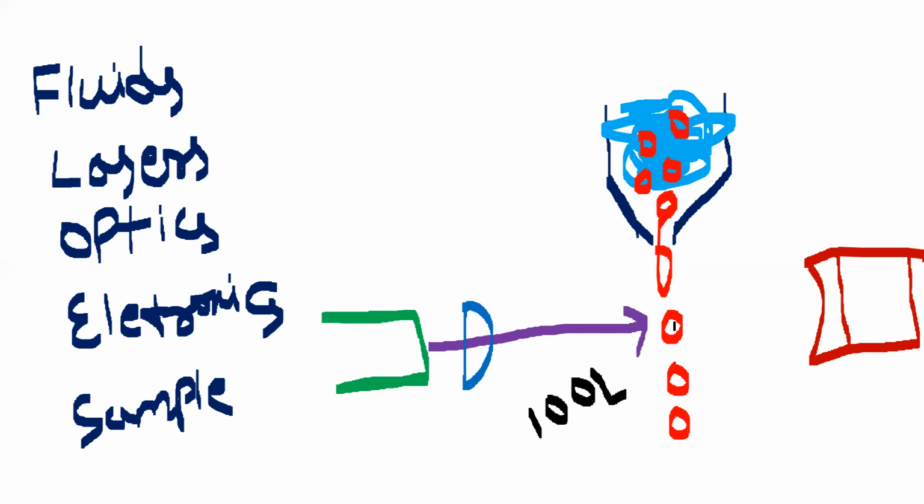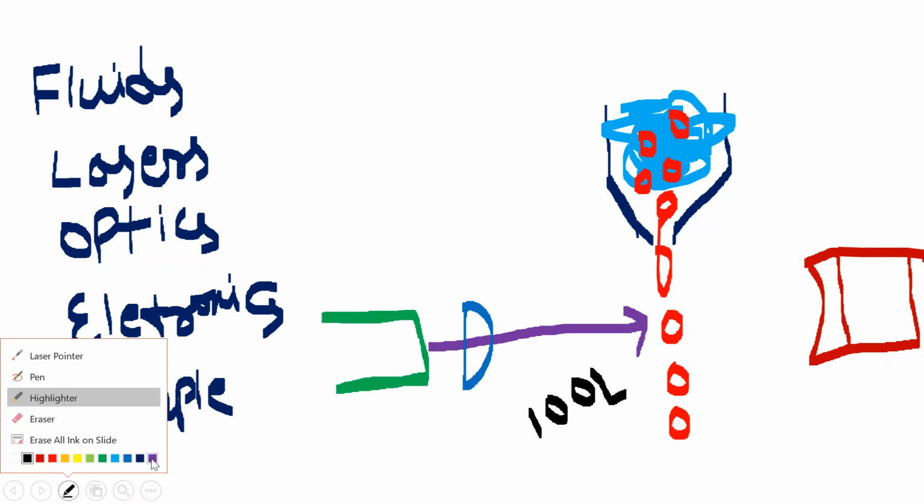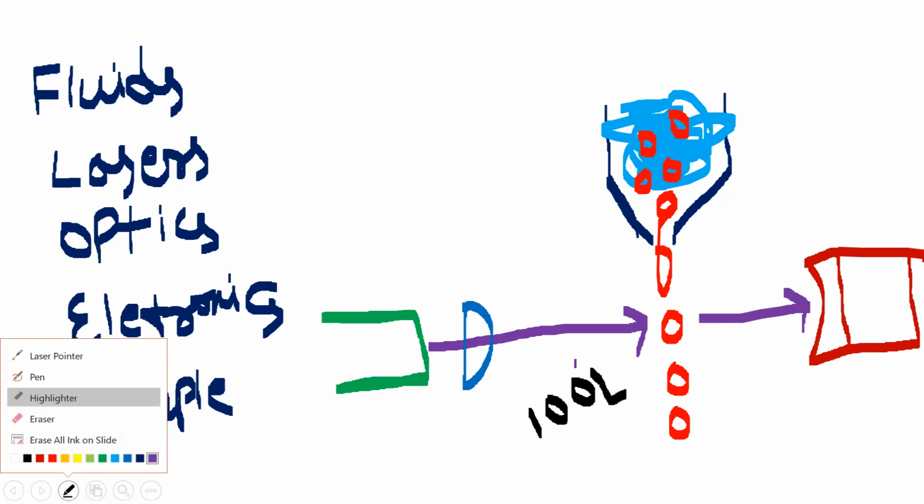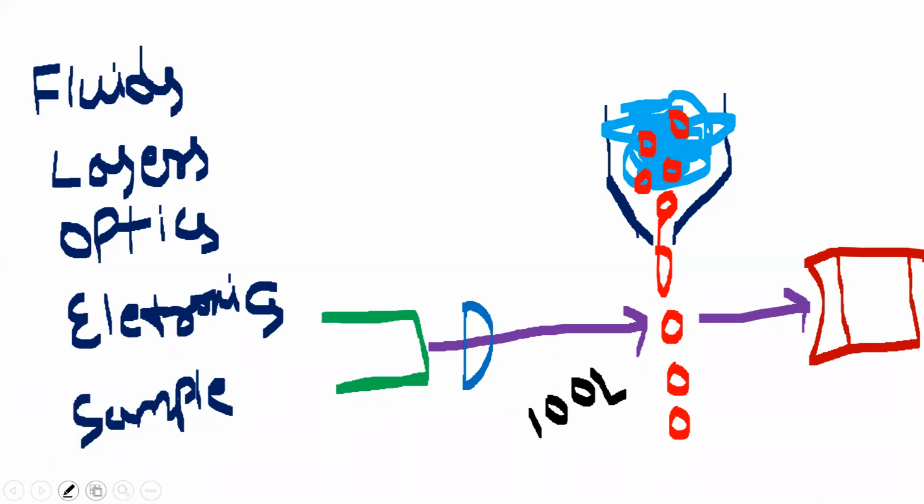If any cell is there, what will happen? The cell will block the light. The amount of light that I detected here after blocking is 90 lumens. So here I got only 90 lumens of light.